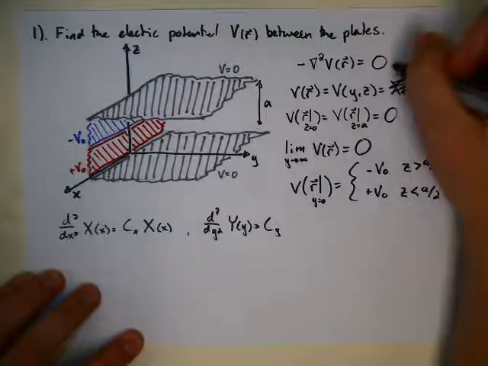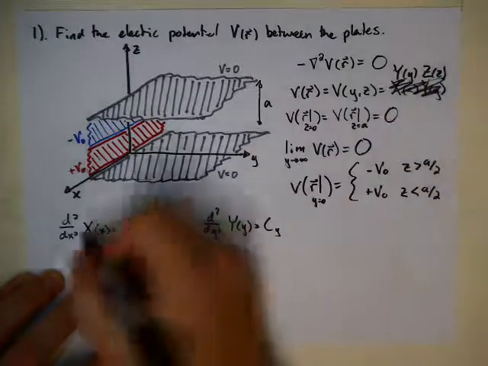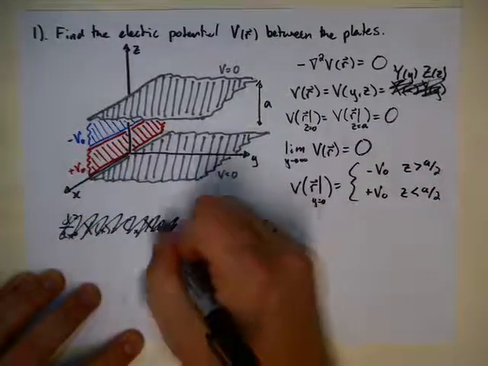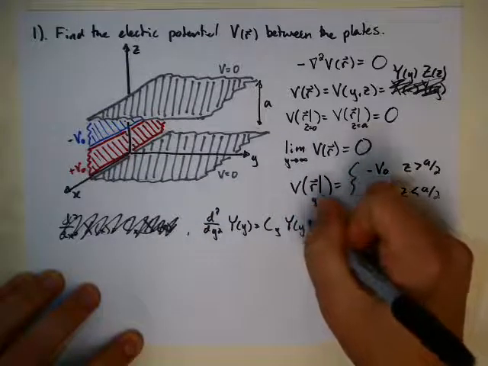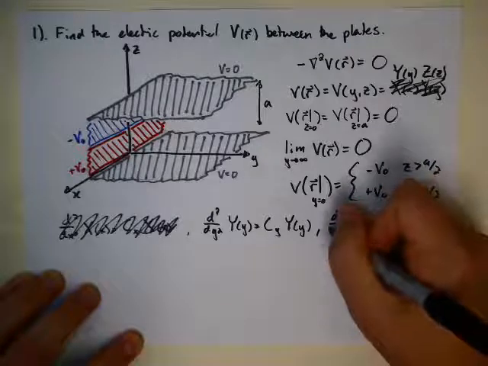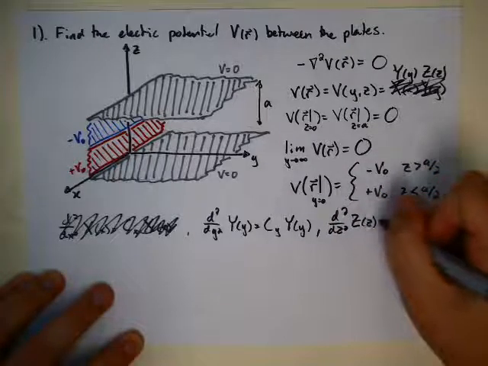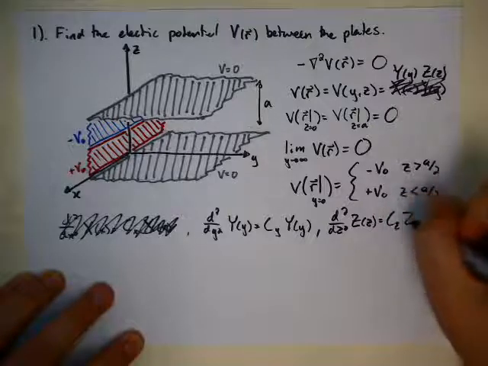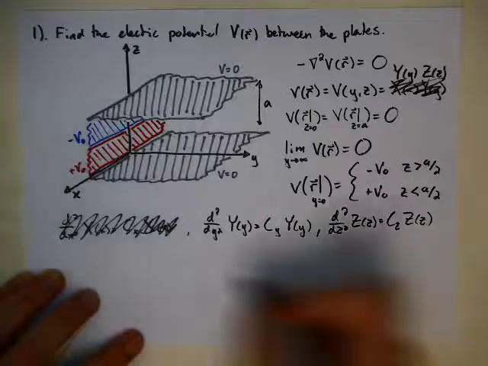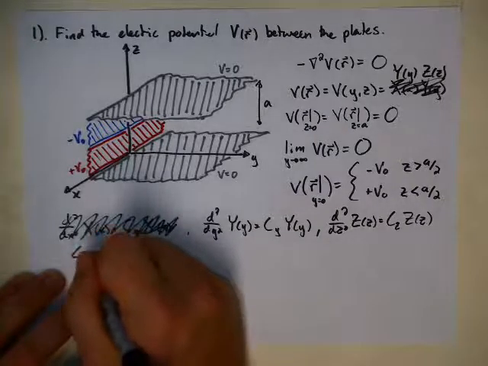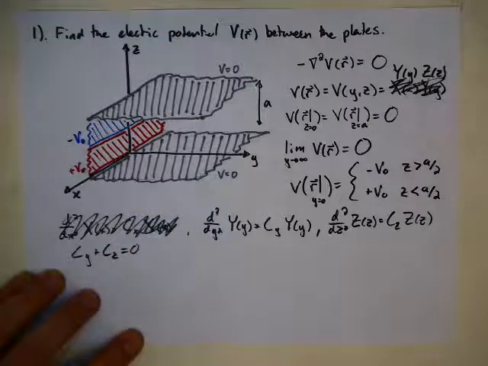This should be, of course, y and z. So that's going to go away. Sorry. Cy times Y, which is a function of y, and then d squared over dz squared of Z equals Cz. The other condition that we're going to have, of course, is that Cy plus Cz must equal 0.